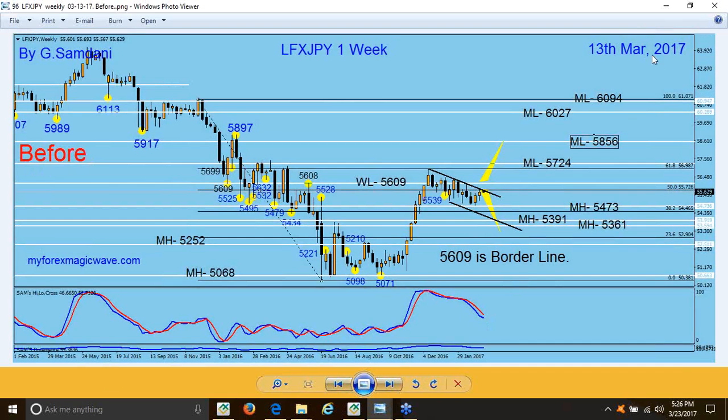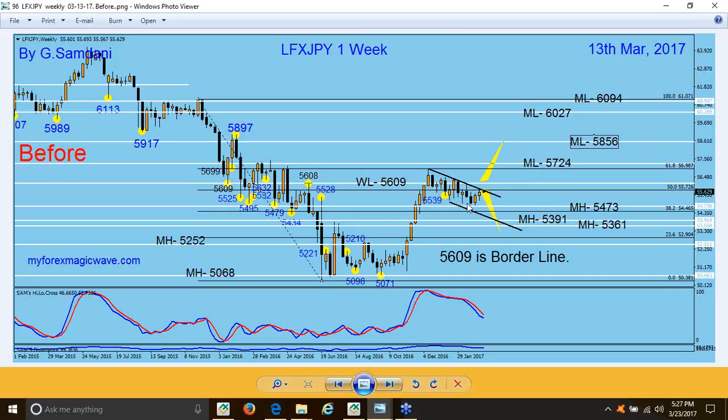This is the chart I gave you on March 13, that is supposed to drop from the trend line. If it goes up, then I want to see it above this white line here, 56.09. Then I will say that, okay, now it is going up, and the target will be 58.26.